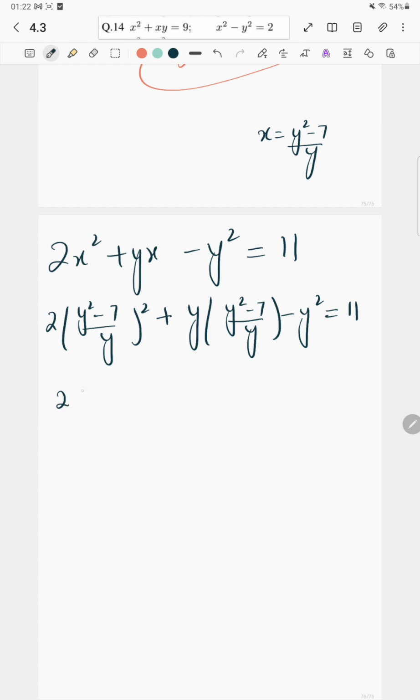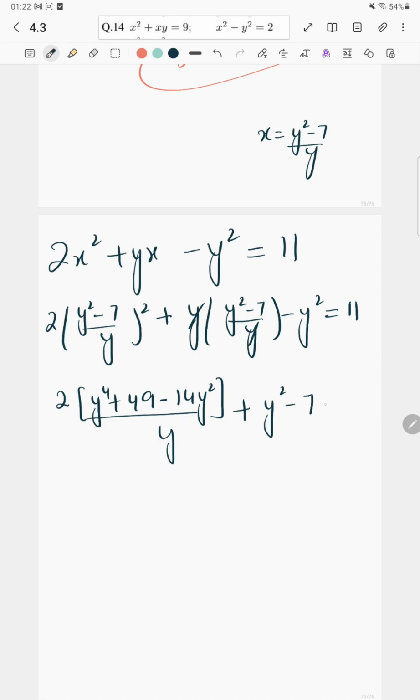So it's 2 a square plus b square minus 14 y square over y plus y square minus 7 minus y square minus 11, which is equal to 0.